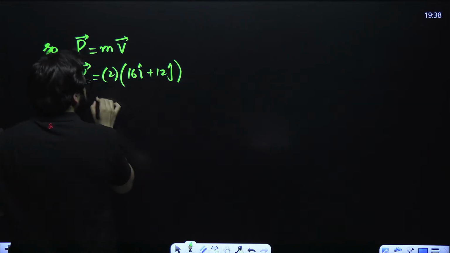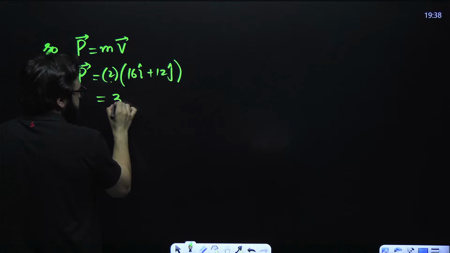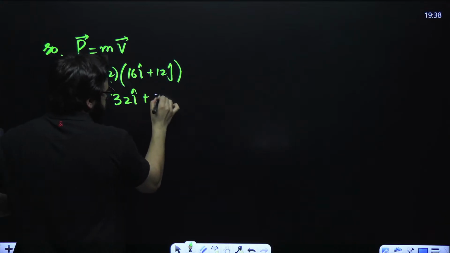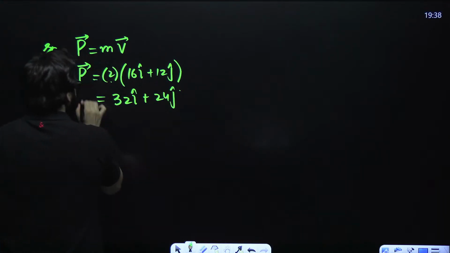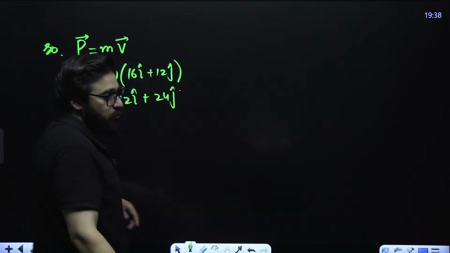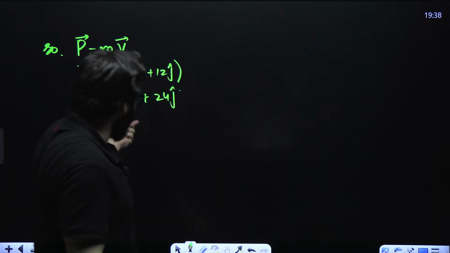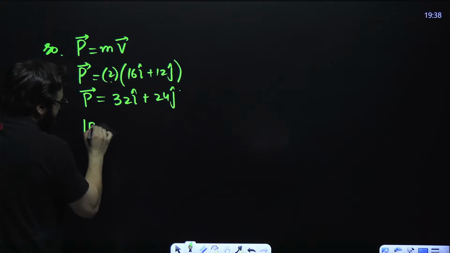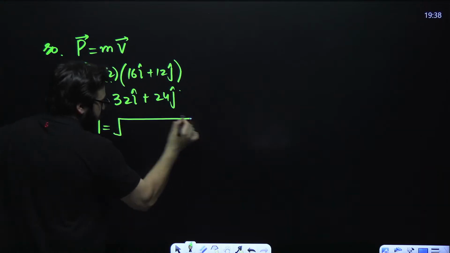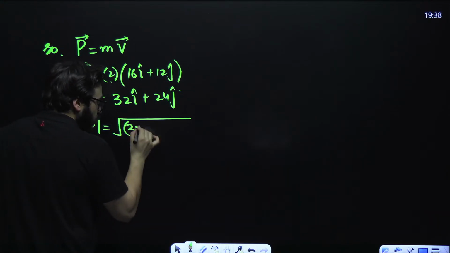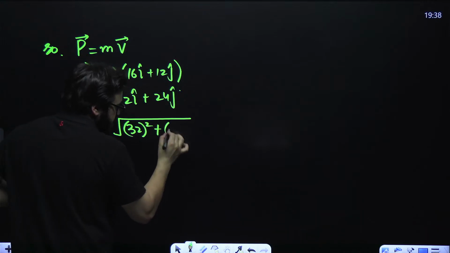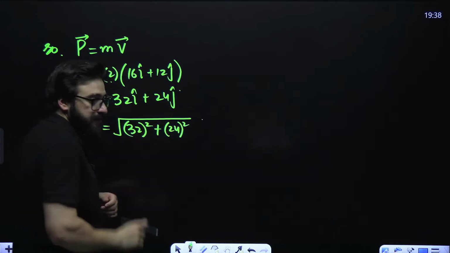Okay. Now 2 into 16 is 32i plus 24j cap. This is the value of momentum over here. You can even find the magnitude of momentum also. Magnitude of momentum will be the square root of this 32 whole square plus this 24 whole square.